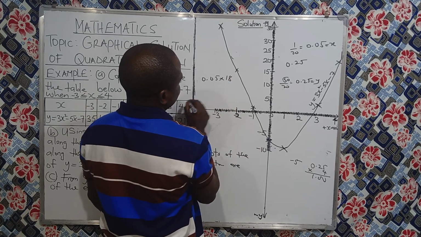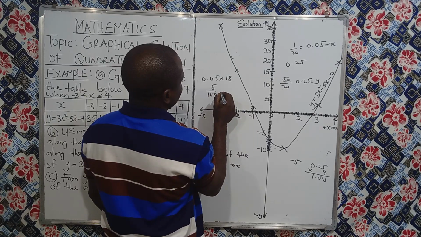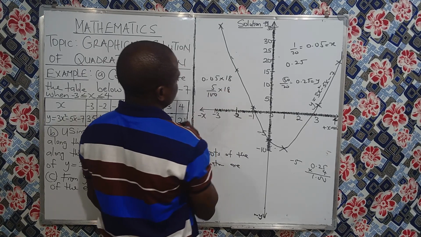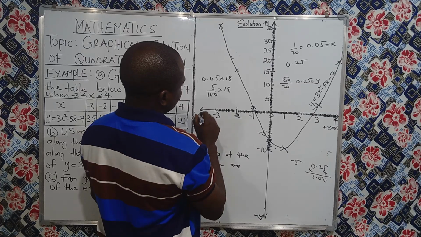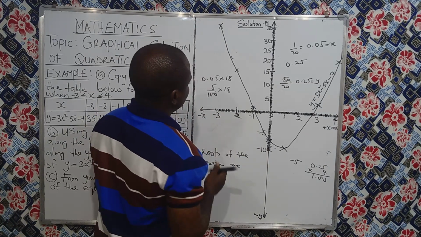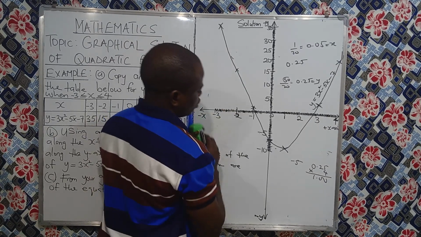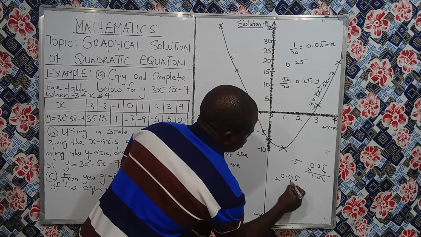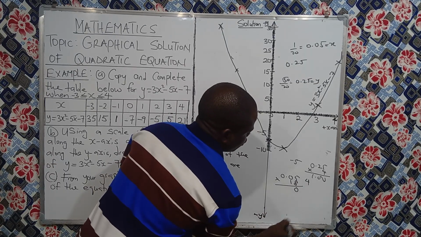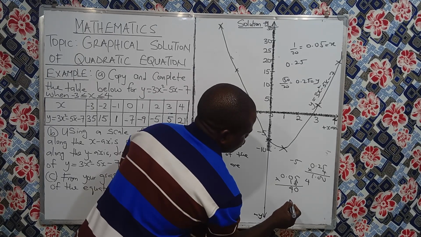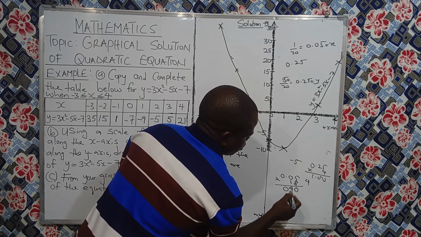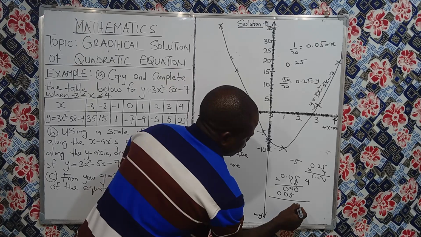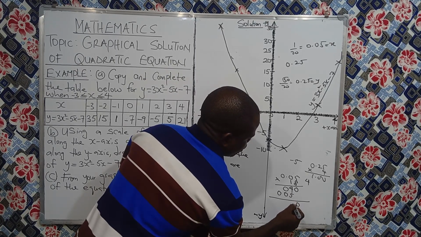That's 5 over 100 times 18. I want to know what it will give us, so let's do this multiplication. 0.05 times 18. 8 times 5, 40, 0 carry 4. 8 times 0, 0 plus 4, that's 4. 1 times 5, 5. 1 times 0, 0. 5 plus 4 plus 5, that's 9.